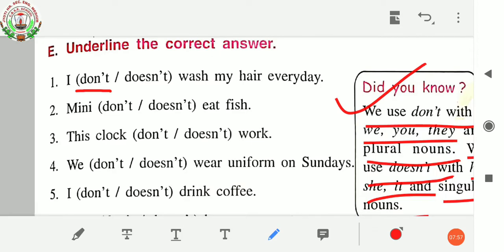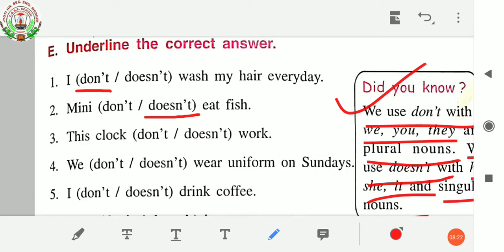Second, Minnie don't or doesn't eat fish. So Minnie is in singular form. With singular form, we have to use doesn't. Minnie doesn't eat fish. Then, third, the clock don't or doesn't walk.